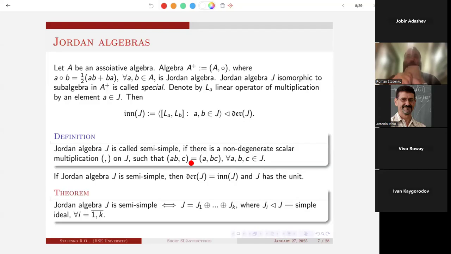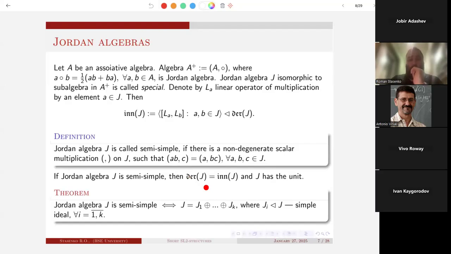So in our case of very short SL2 structures, this will be automatic when we talk about simple algebras, and here we need to tell about this statement because it's very important for the formulation of the main result.